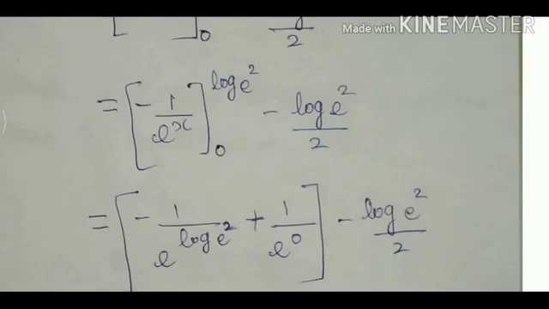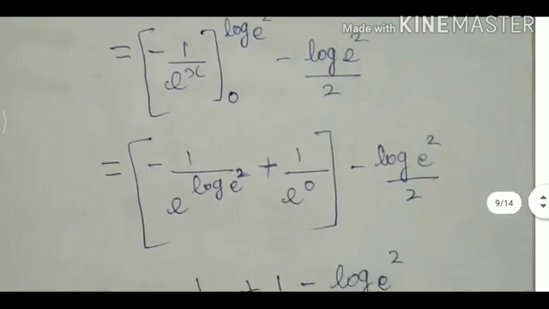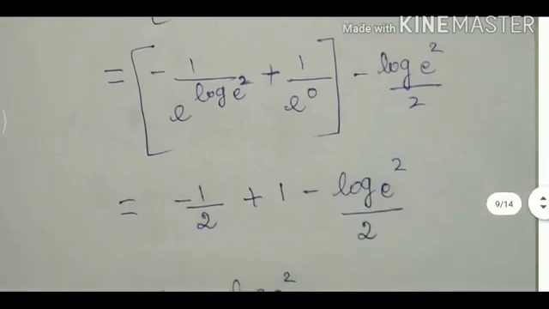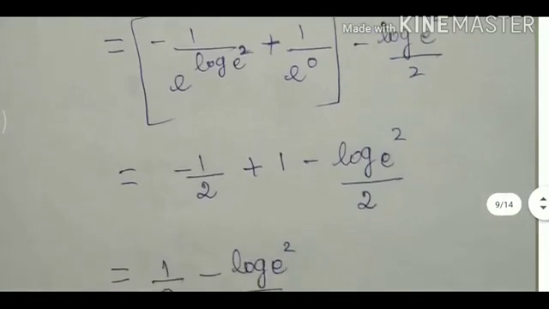Now substituting the upper limit in the place of x, instead of e power x I am writing e power log 2, that is minus 1 by e power log 2, plus 1 by e power 0, minus log 2 by 2. After cancelling, we are getting minus 1 by 2 plus 1, since e power 0 is 1, minus log 2 by 2.